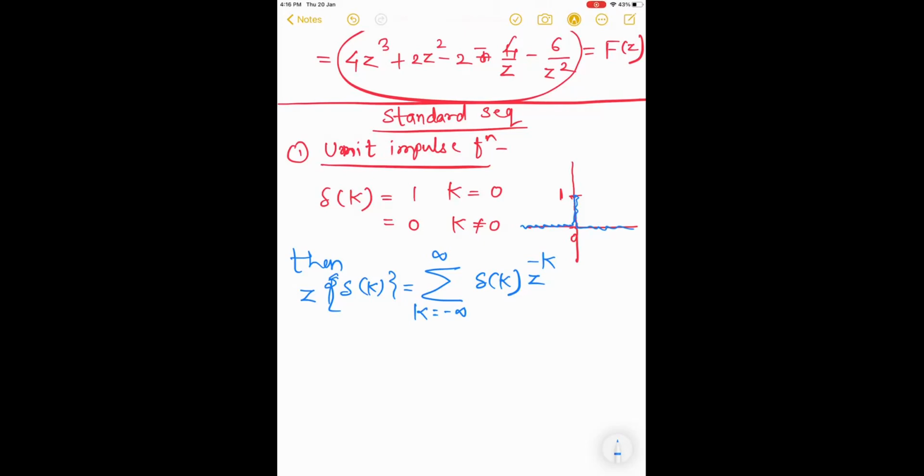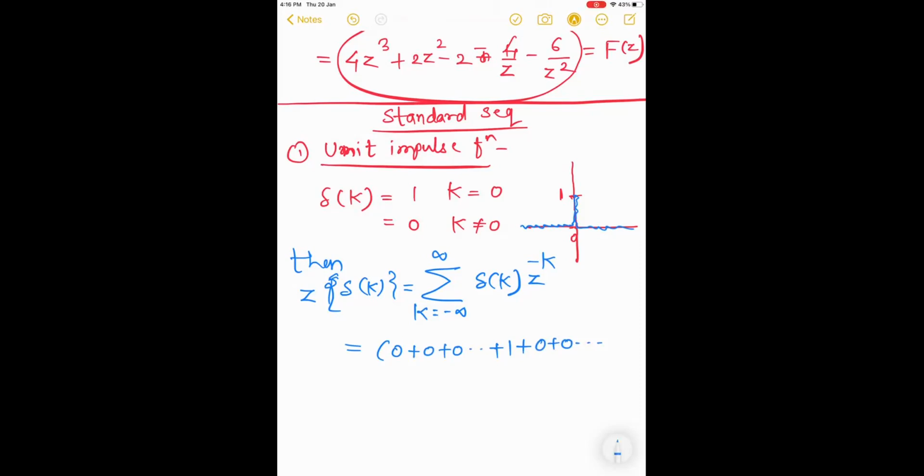So actually you get 0 plus 0 plus 0, everywhere it is 0, and at the 0th position delta k is 1, so z raised to 0, which is 1. And further, if you put the positive values 1, 2, 3, 4, those answers are also 0.